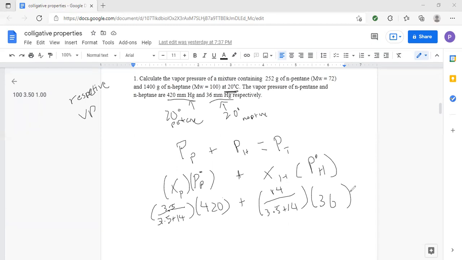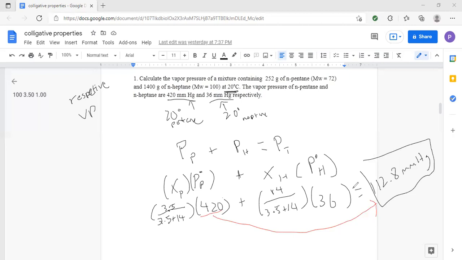So now you can solve, and the answer is 112.8 mmHg. So as you can see, pentane, its vapor pressure, at 20 degrees Celsius, got lowered to 112.8. So Raoult's law is indeed present here.